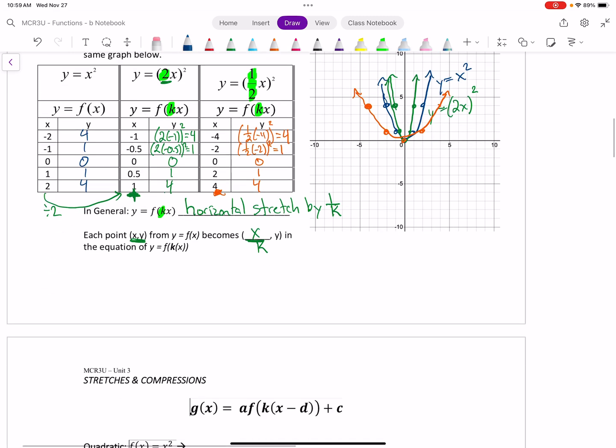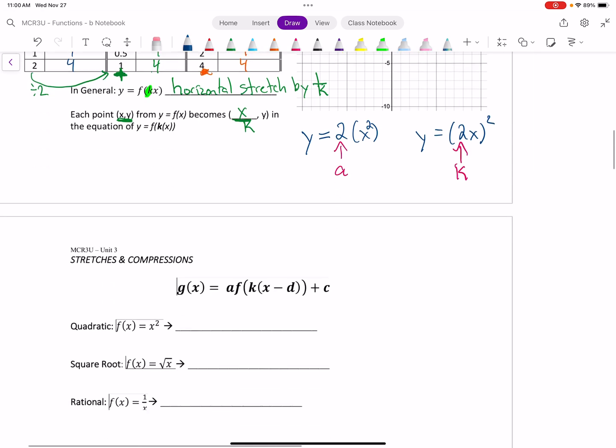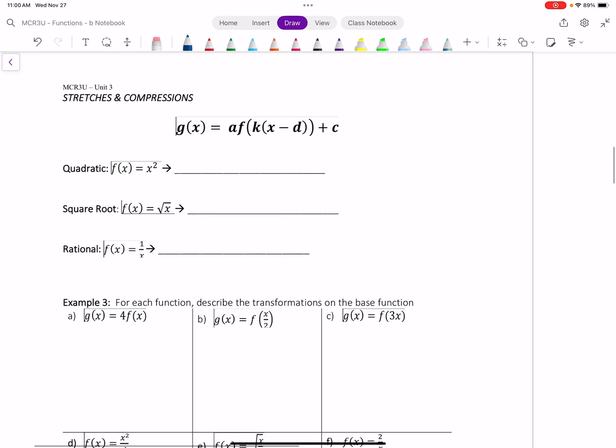For the k, I think the k becomes the trickiest part to remember in this unit. So in general, if you have a value in front, I consider that an a value, and if I have the value inside, I consider that a k. So this is a, and this is deemed k. And they do different things. One affects the y values and the other affects the x values. So this is the case for all functions in general.